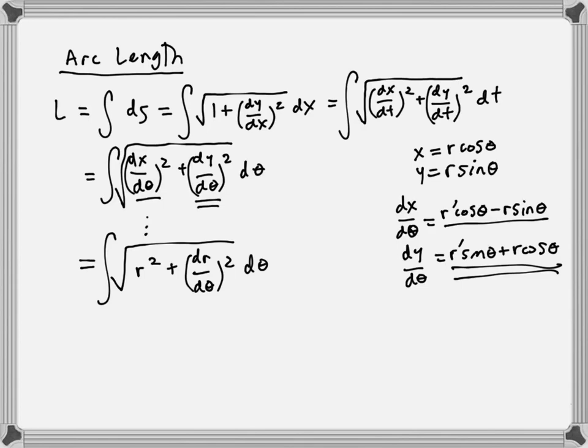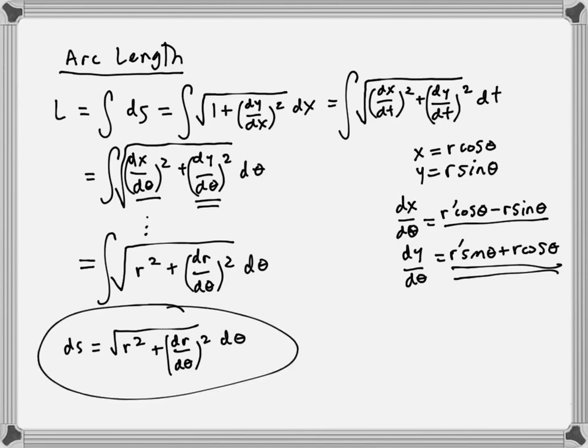Essentially we're saying that ds becomes the square root of r squared plus (dr/dθ) squared, d theta. This is something useful to remember. In other words, the old arc length formula works as long as you remember that this is our new ds.